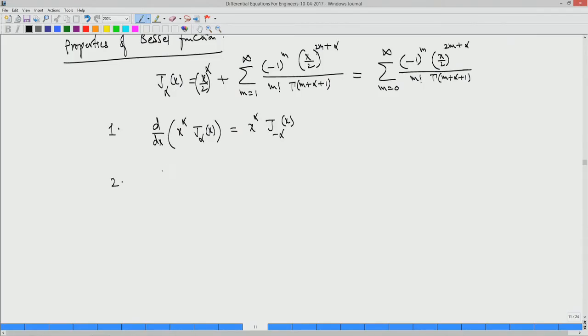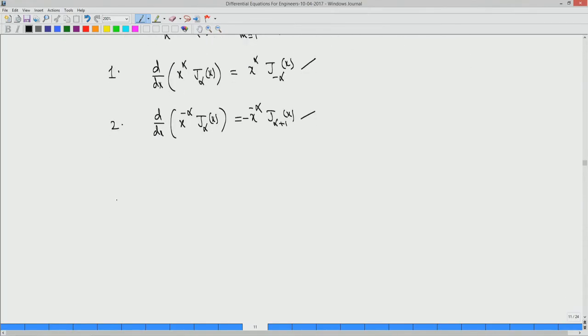Second one is, if you differentiate x power minus alpha J alpha of x, this becomes minus x power minus alpha J alpha plus 1 of x. We will first see these two properties, and then you expand the left hand side, and if you add and subtract, it will give you two more properties. So, these are important.